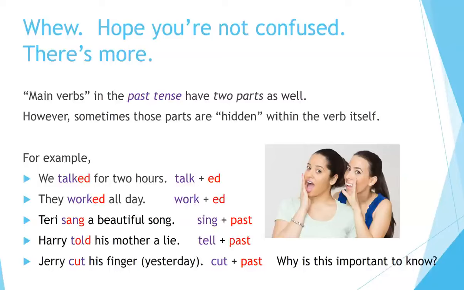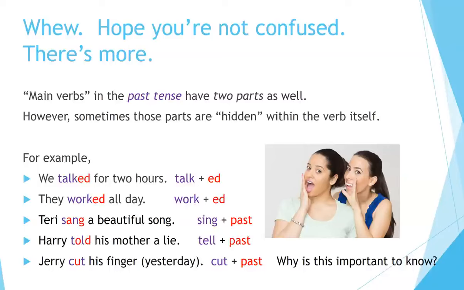However, in irregular verbs, it kind of merges together. The past tense and the main verb may form a different word or a new word. For example, Terry sang a beautiful song. What we have here is sing, the main verb, plus the past tense.